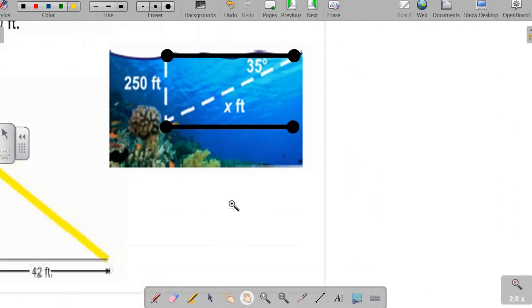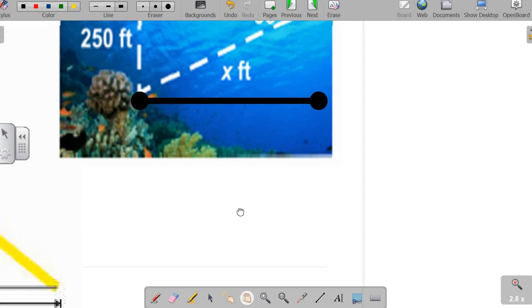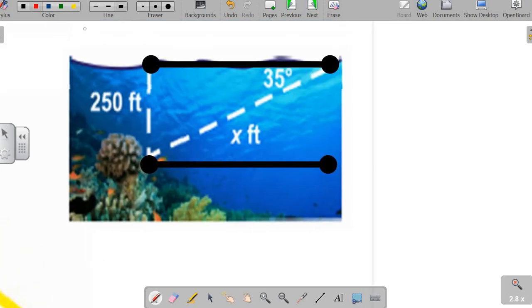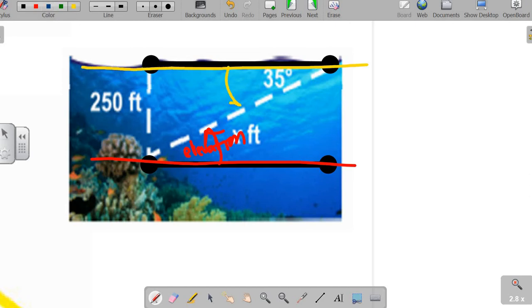Coming in this diagram, that would be your angle of elevation, horizontal going up. Horizontal going down, that would be your angle of depression.